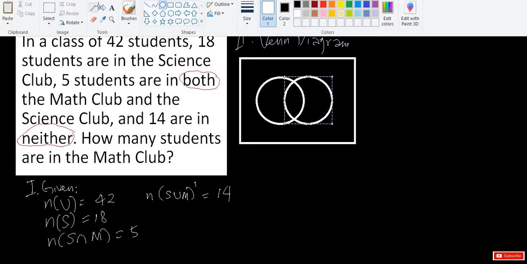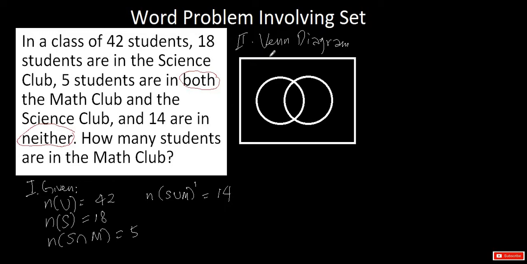Okay, so the rectangle here represents our universal set, and the first circle represents our set of students who join the science club, and M is the set of students who are in the math club. Okay, so we have here the regions in the Venn diagram: S sub 1, S sub 2, S sub 3, and S sub 4.